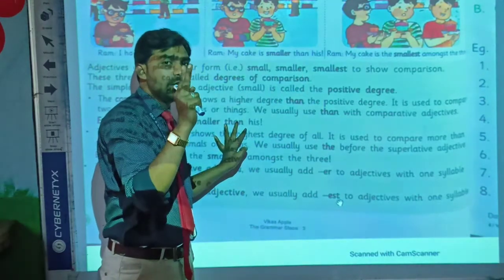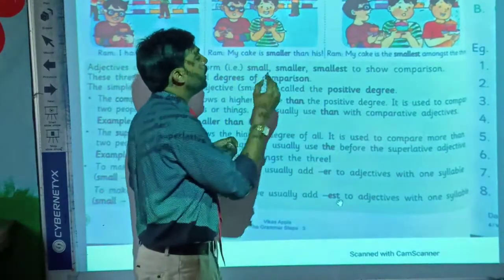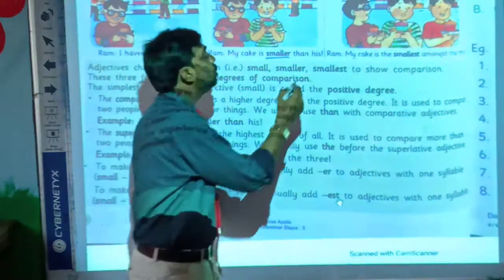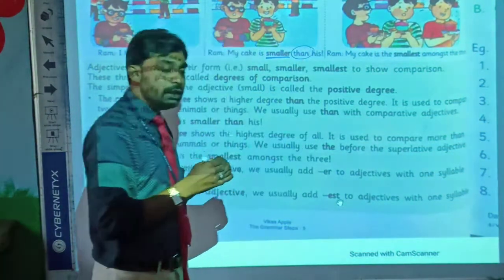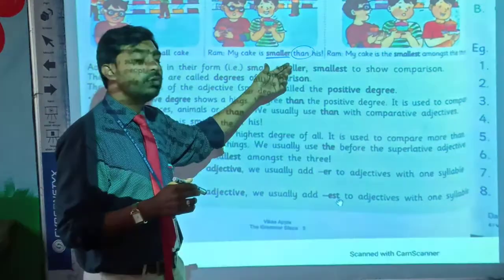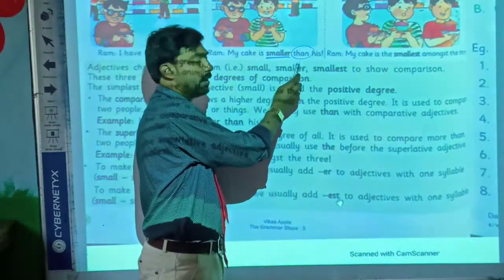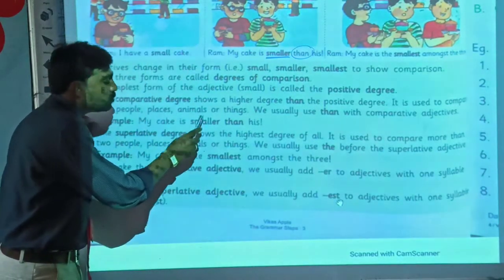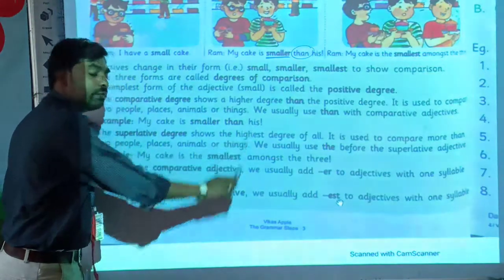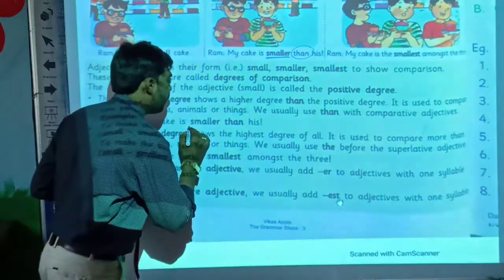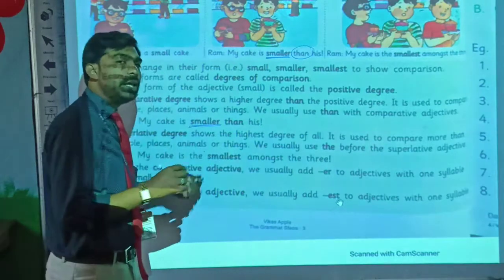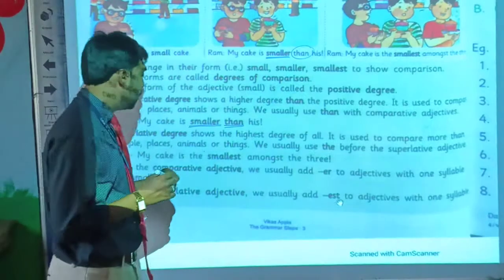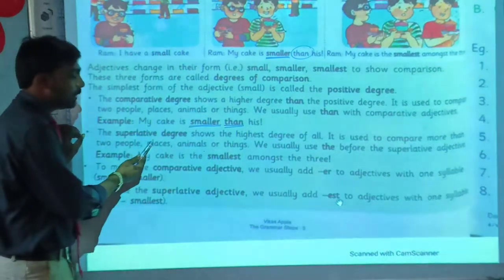We compare two cakes and use the comparative form of small, that is smaller, and we use than with it. Whenever we use the second form of adjective, the comparative adjective, we should take than with it. Understood? Now let's see the next one, the superlative degree.